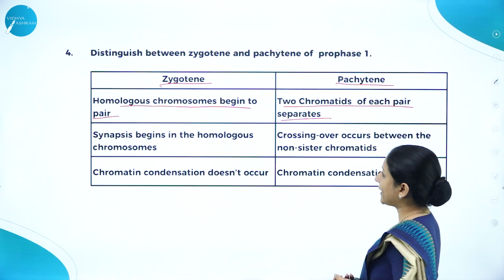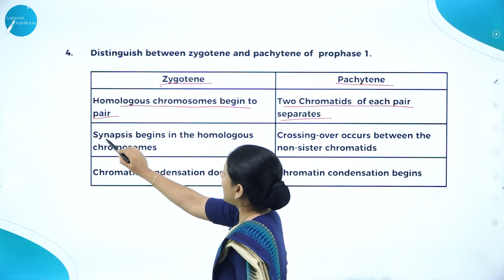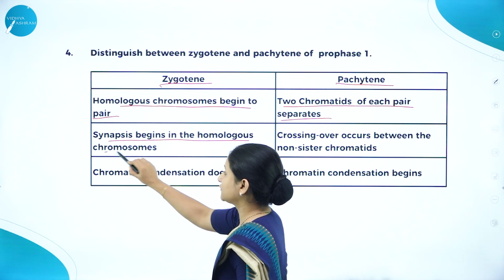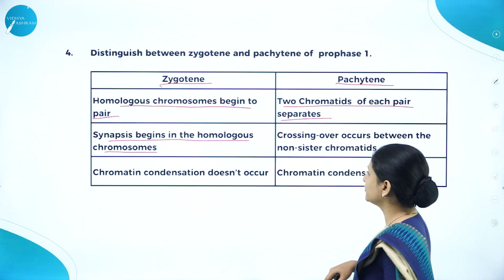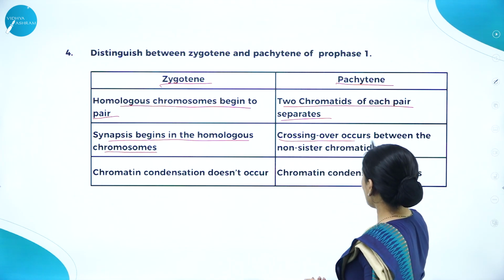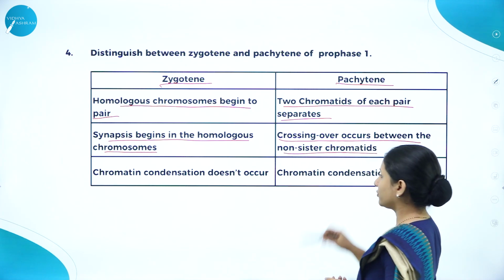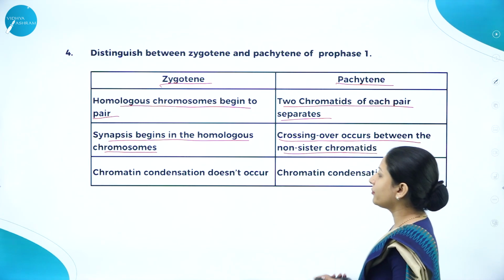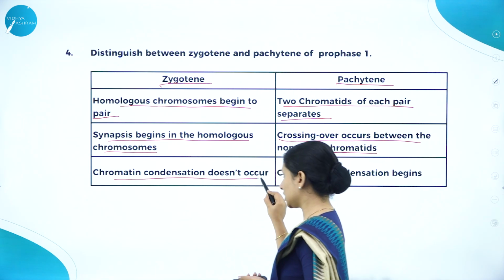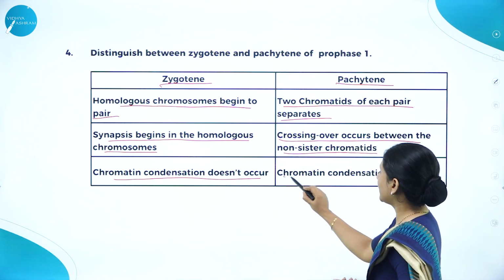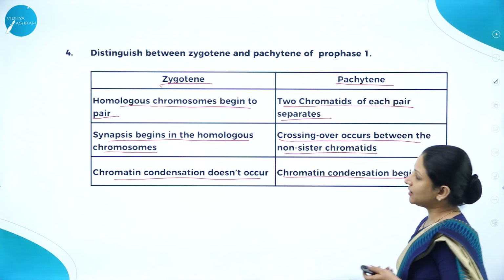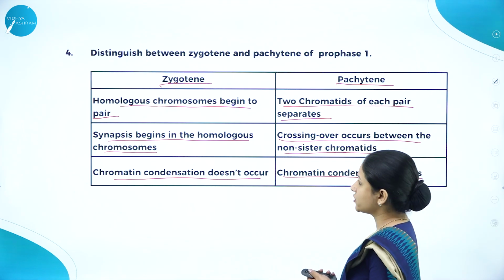In zygotene, synapsis formation occurs in the homologous chromosomes. In pachytene, crossing over occurs between non-sister chromatids. In zygotene, chromatin condensation will not occur. In pachytene, chromatin condensation begins. So these are the differences. You need to write 3 differences.